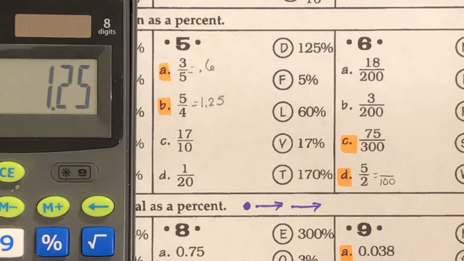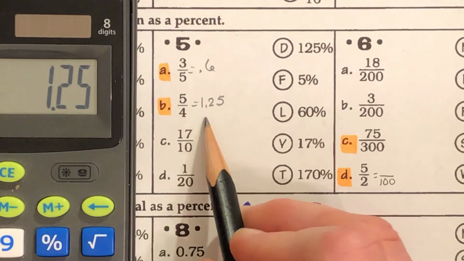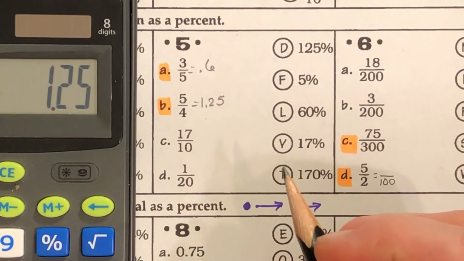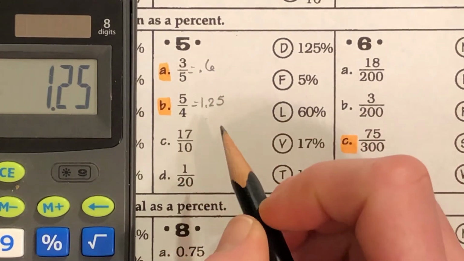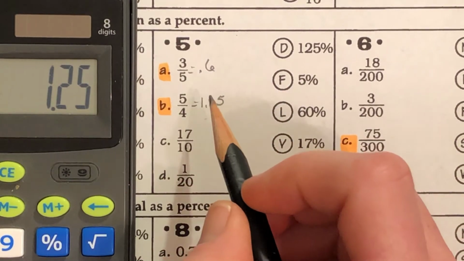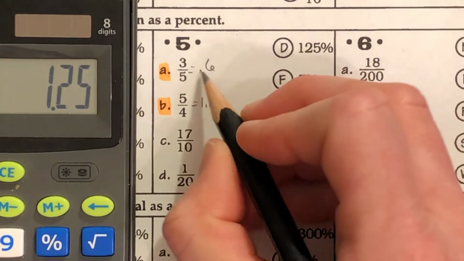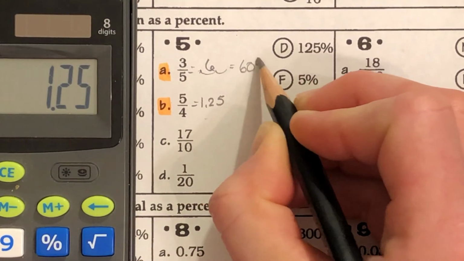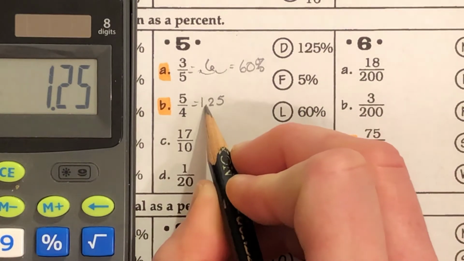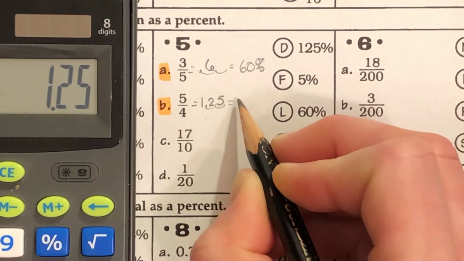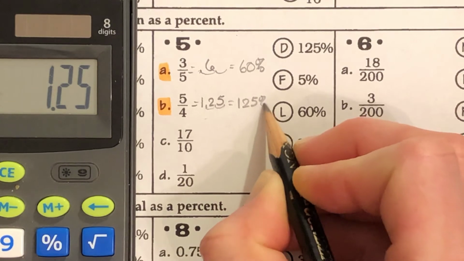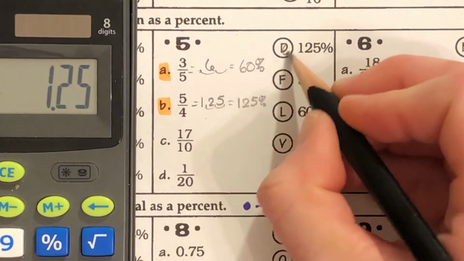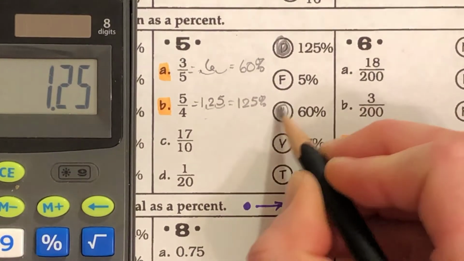Now these are in decimal form, not percent. So the next thing I've got to do is change it to percent. When you go from decimal to percent, because it's per 100, you multiply it by 100, which means you move the decimal 2 places. So 1, 2. So this becomes 60%. Take that decimal, you move it 2 places, and you get 125%. So we get rid of D, and we get rid of L.